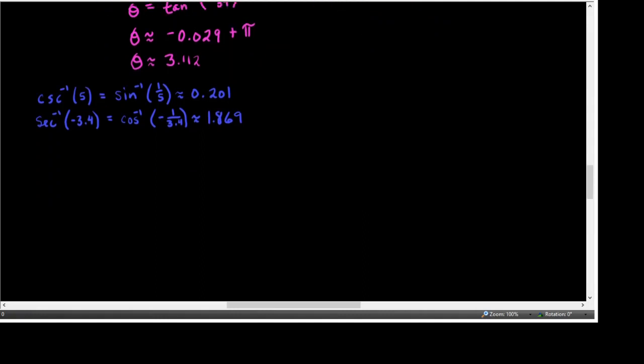Okay, one of the things about inverses is that the composition of a function and its inverse gives you back what you started with, just like the composition of the inverse with the function gives you back x. A simple way of thinking about this is if your function is to add 2, the inverse of that is subtract 2.